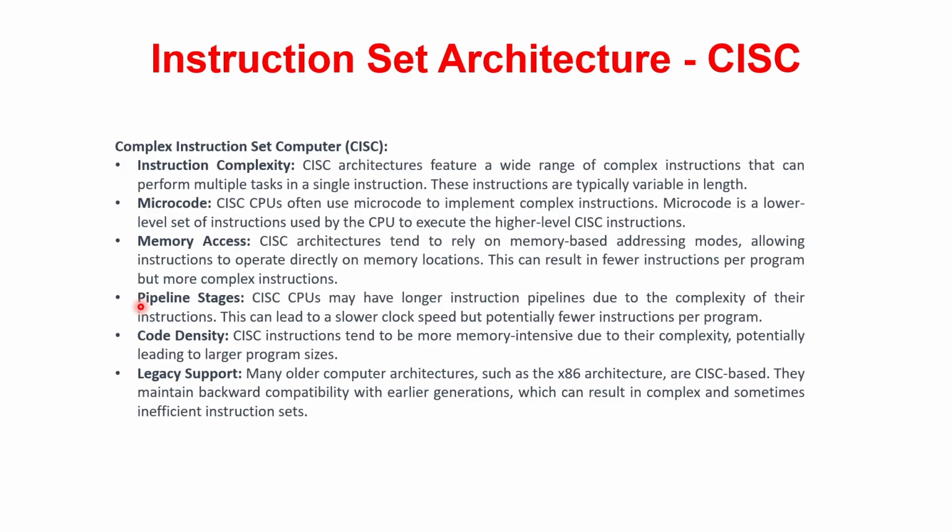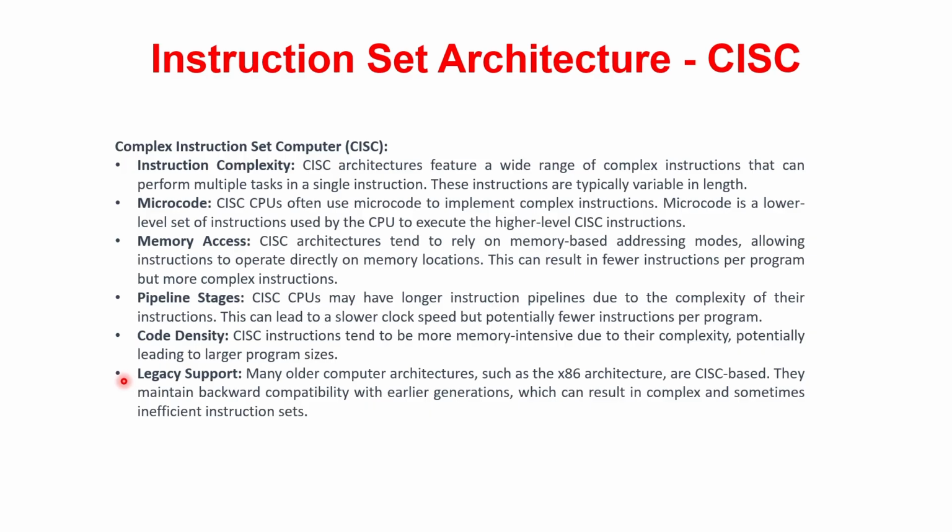Fifth is code density. CISC instructions tend to be more memory intensive due to their complexity, potentially leading to larger program size compared to RISC architecture. And the sixth is legacy support. Many older computer architectures, such as the x86 architecture used in most personal computers, are CISC based.